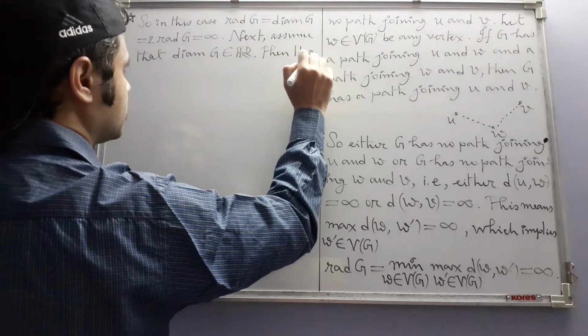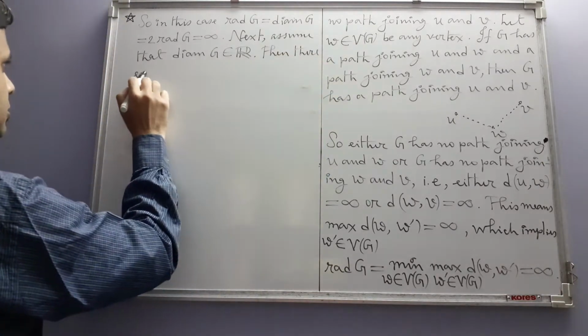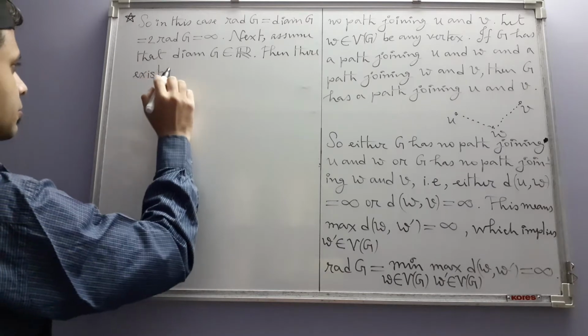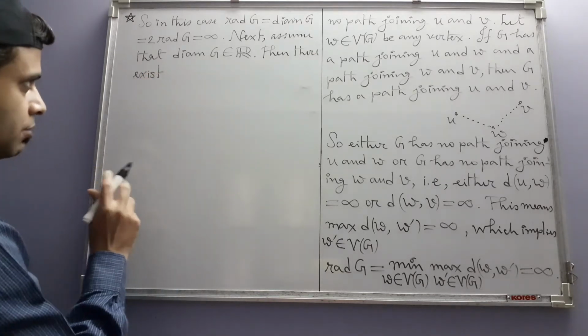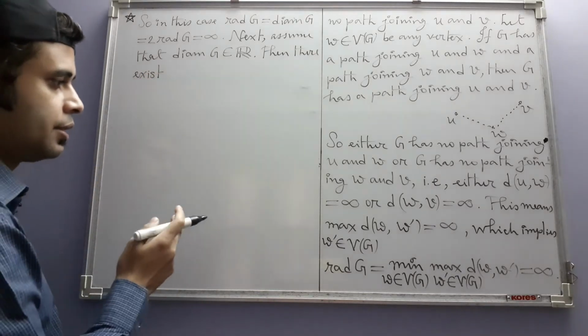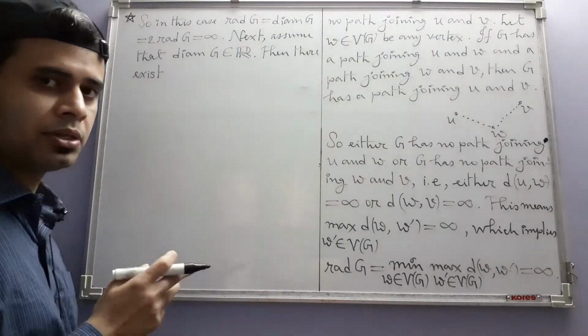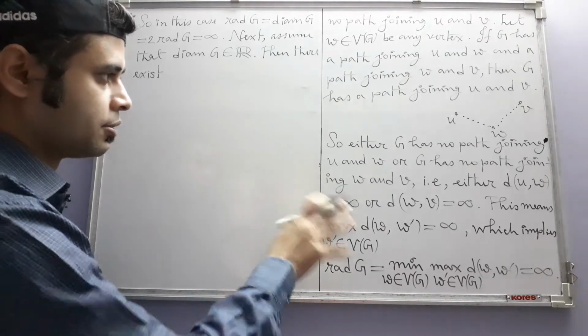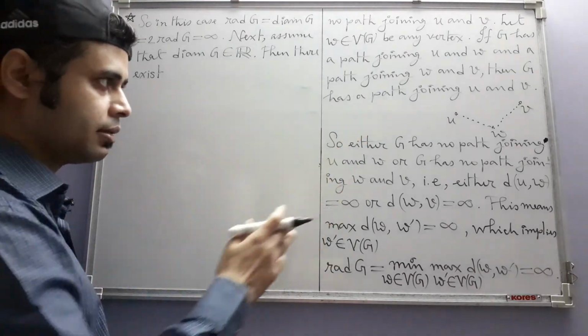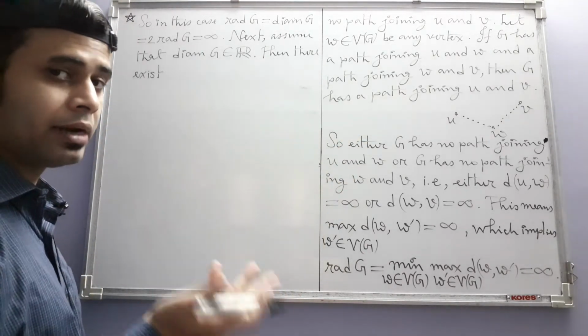Then there exist vertices, since we are considering a new case, it won't hurt to use the same symbols u, v, w, because those are anyway just names given to variables.